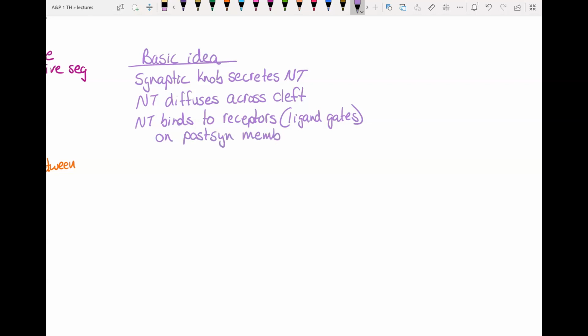And then that makes these gates open. When they do, ions move in and out. And then you have the signal. Signal is received.